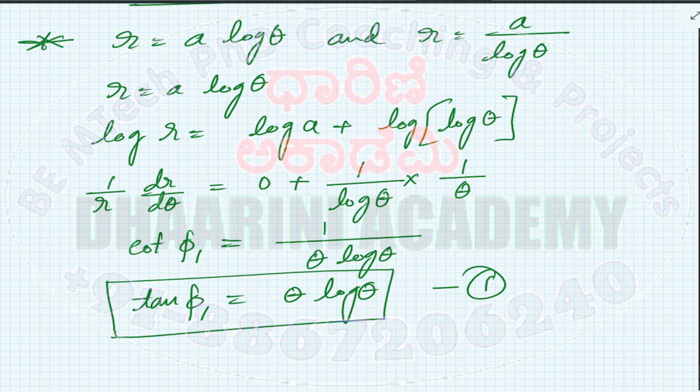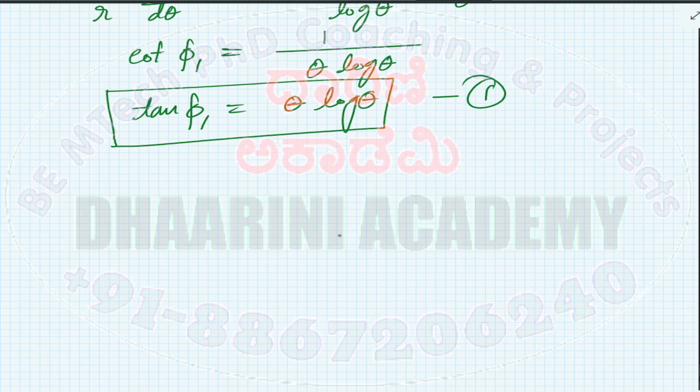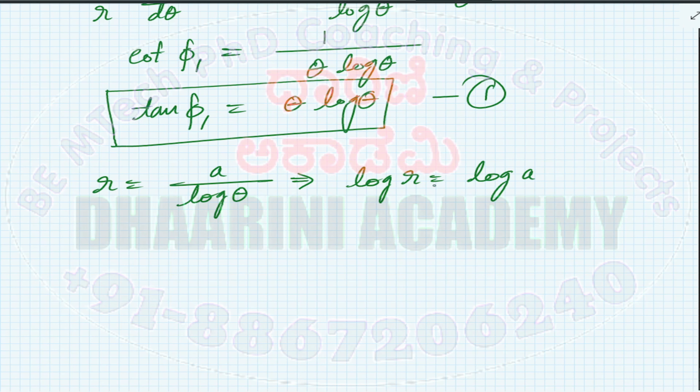Similarly, I need to find tan phi 2, for which I am going to use the second function, that is r is equal to a divided by log theta. Right? So what do I do? I take log on both sides. So log r is equal to log a.